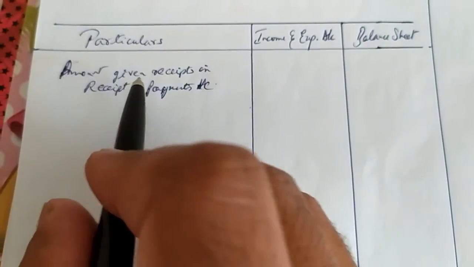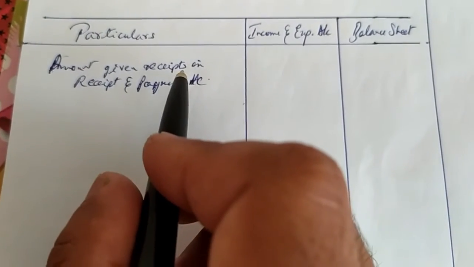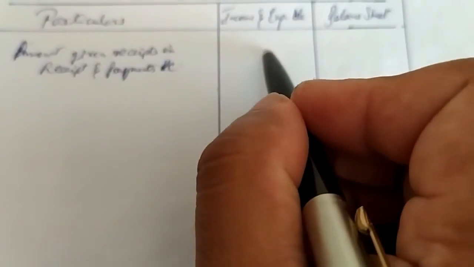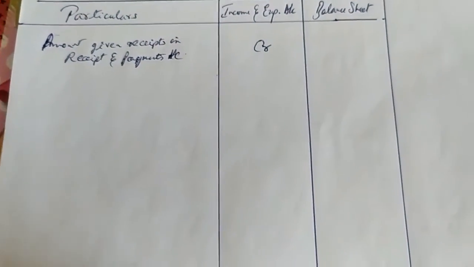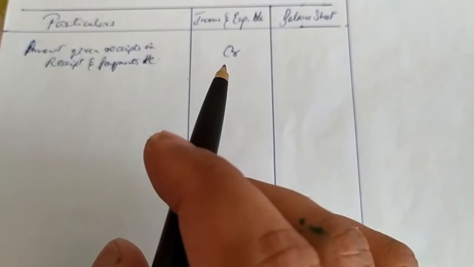So that amount you take from the receipt and payment account, and it will be on the credit side of this income and expenditure account. Now after taking this amount from there, we have to look at the adjustments.